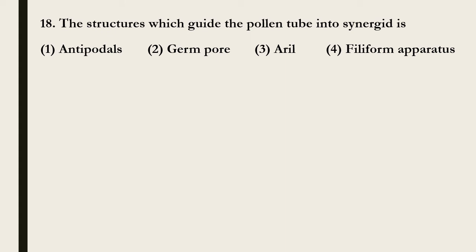Question number 18. The structures which guide the pollen tube into the synergid are: options 1 antipodals, 2 germ pore, 3 aril, 4 filiform apparatus. So let's see option 2, the germ pore. It is a part of the pollen grain. Through this pollen germ pore, the pollen tube originates.